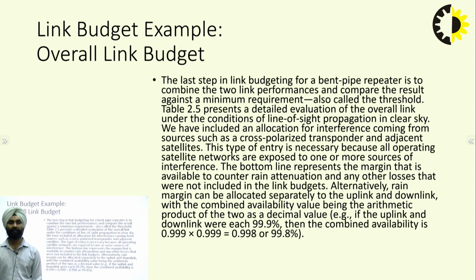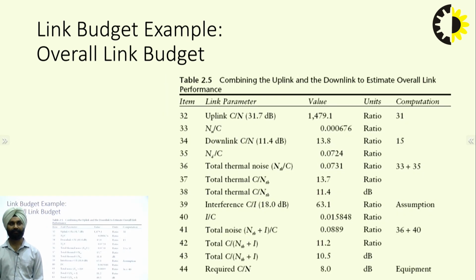Alternatively, rain margin can be allocated separately to the uplink and the downlink, with the combined availability value being the arithmetic product of the two as a decimal value. For example, if the uplink and the downlink were 99.9, then the combined value is 99.9 times 0.999, which is equal to 99.8%. So this table 2.5 shows the typical values of the overall link.